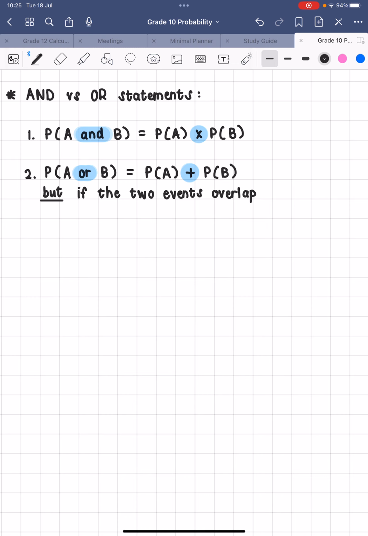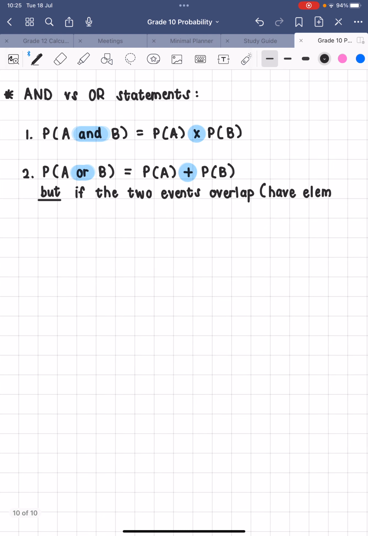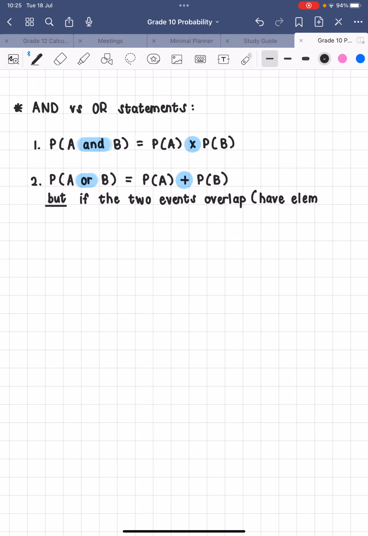You'll see now when we do an example. So I'm going to write here, have elements in common, we have to subtract those elements.